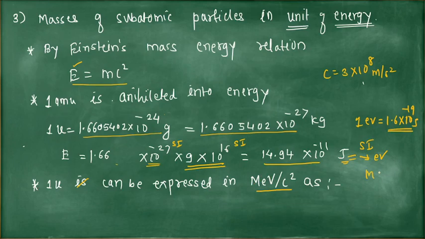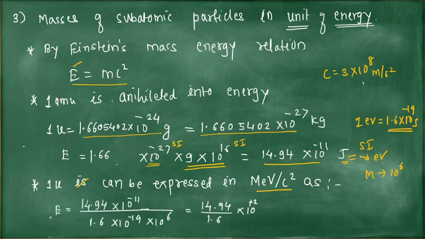Mega stands for 10^6, then divide again by 10^6. So energy is here in joule, convert it by dividing to electron volt, again convert it into mega electron volt by dividing by 10^6. So this is the answer.